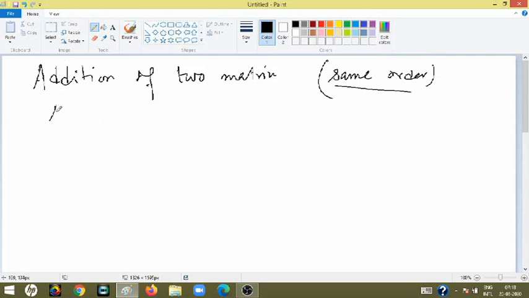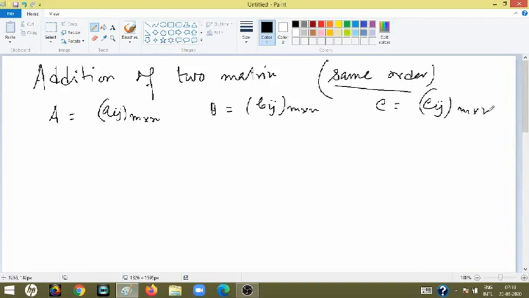Let A equal to aij, m cross n, B equal to bij, m cross n, C equal to cij, m cross n.